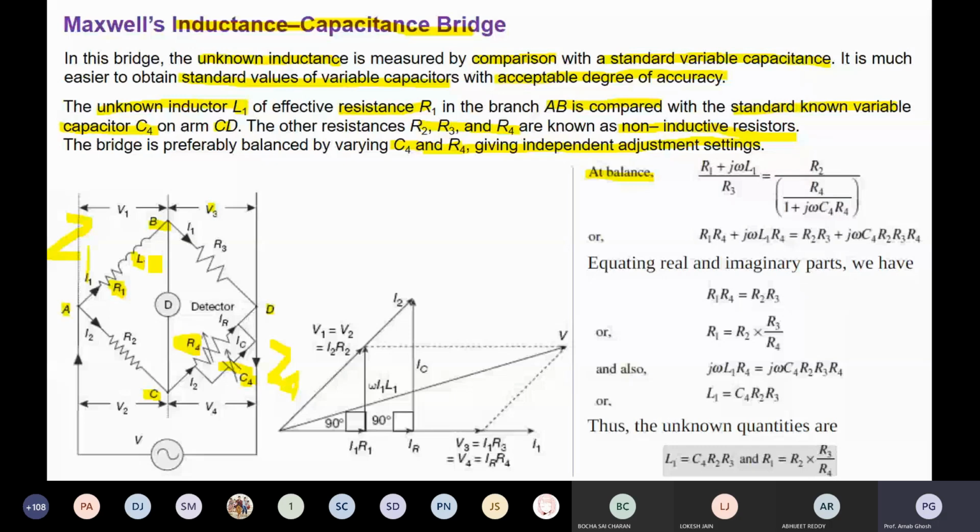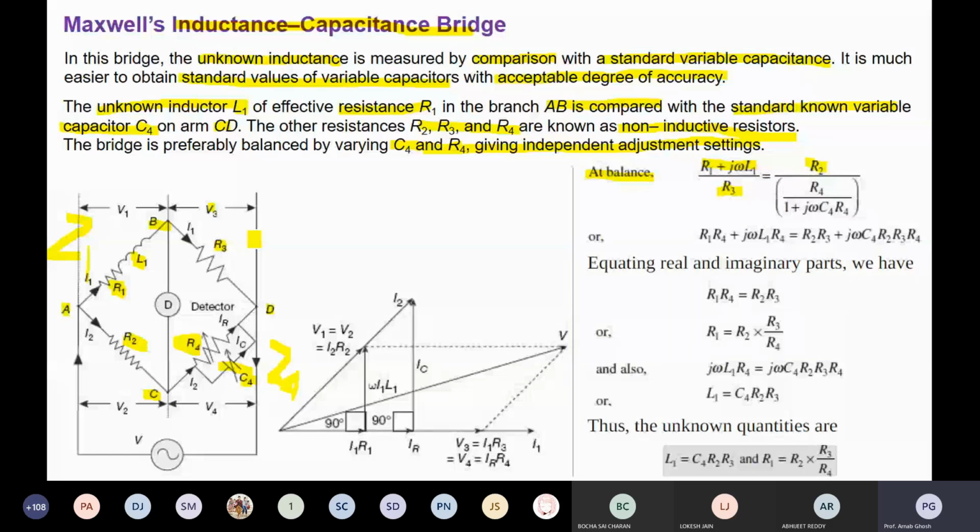It is R1 plus j omega L1, whole divided by Z3. What is your Z3? Z3 is your R3. And here you get Z2 by Z4. What is your Z2? Z2 is your R2. And what is your Z4? Z4 is R4 and jXC4, which should be in parallel.